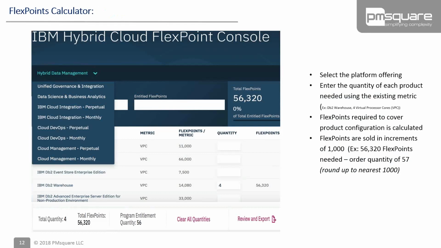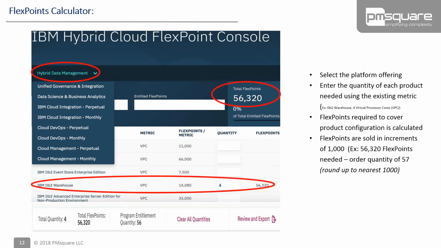You essentially get on, you select the different portfolios that are available, one of the 3 portfolios that we mentioned. From there, all the products and the specific license tiers for that product appear at the bottom of the screen. So you simply enter the number of quantities that you have, and that translates into the total number of points that you have for that category.